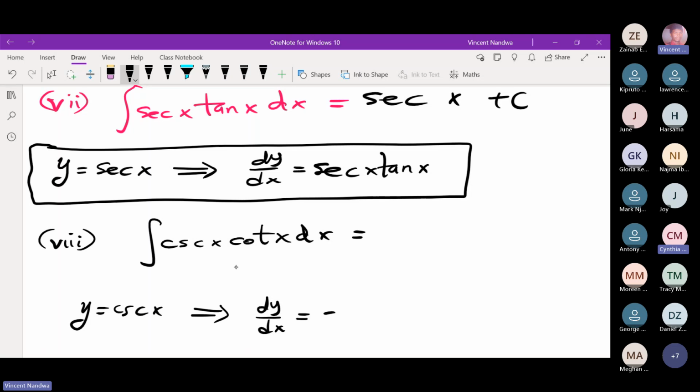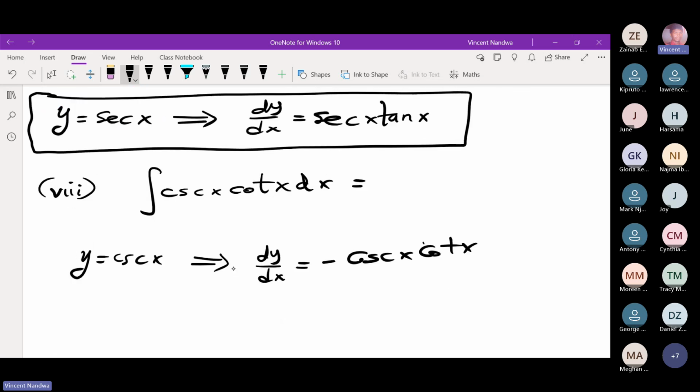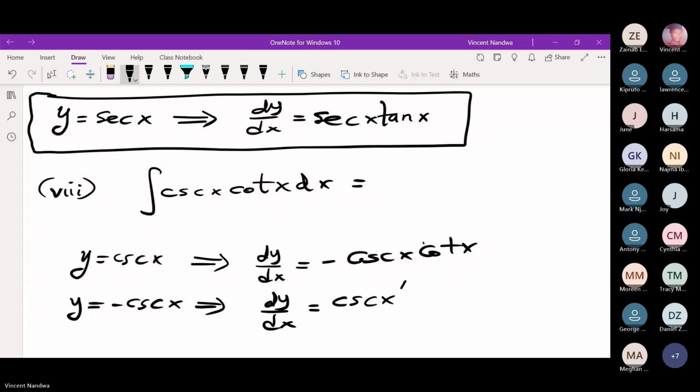Negative cosec x cot x. So because this function is given as a positive, when we negate this to say y is negative cosec x, then dy/dx becomes the positive version of this.